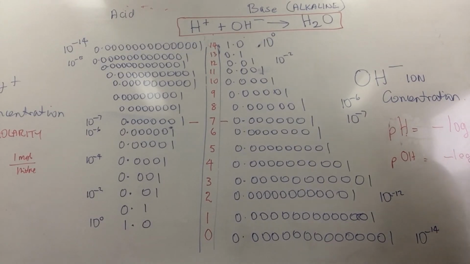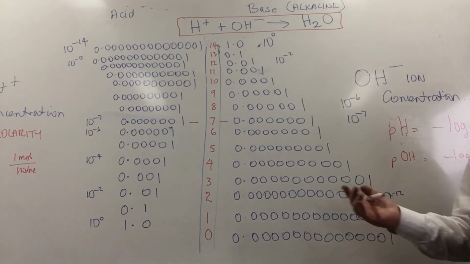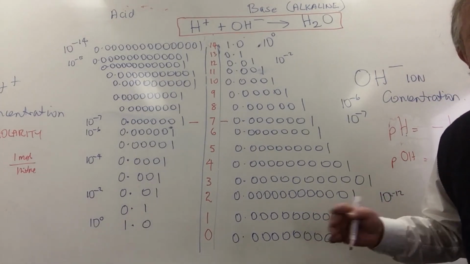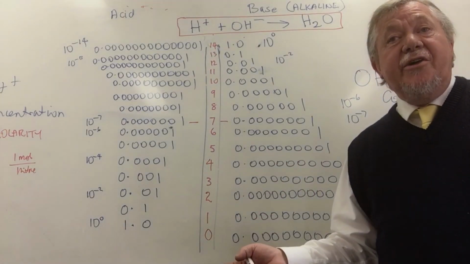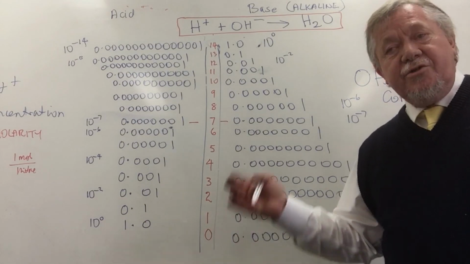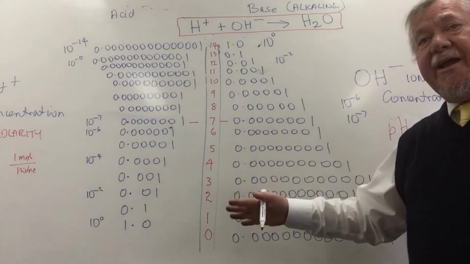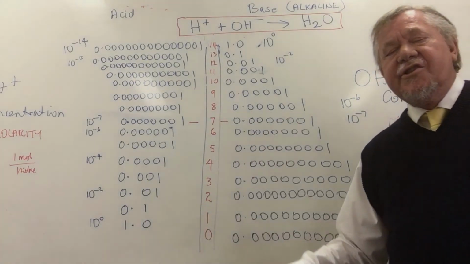Next time we will do some examples of this, and we can do a chemical reaction, and then you can tell me what the final pH is going to be. You can predict it. There's also the other thing, we've got pKa and pKb to discuss. I'll discuss that with you later.